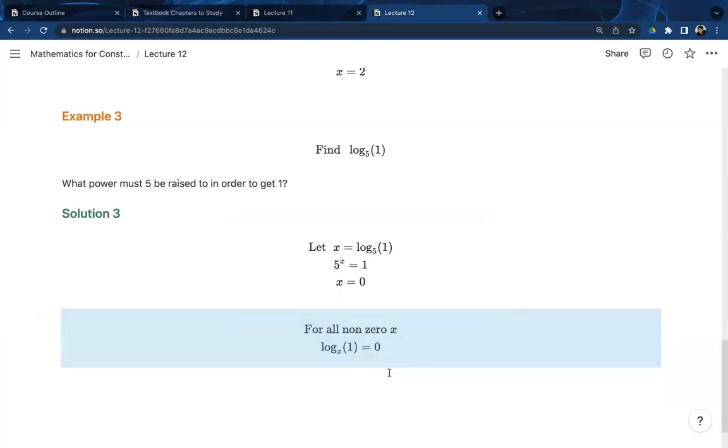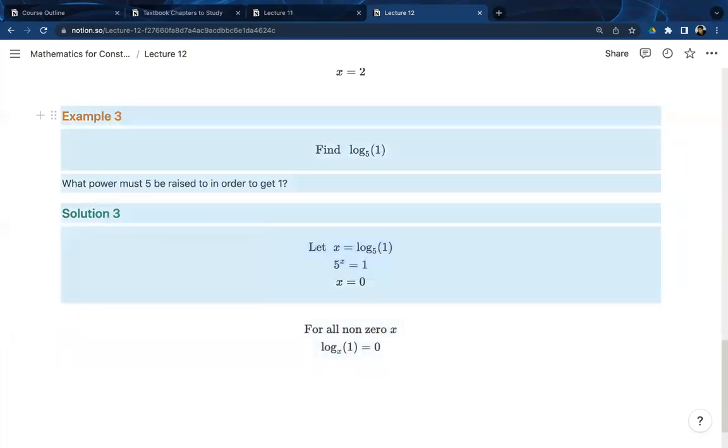Okay, this makes sense to you all because you ask, if I have a base x and it's not 0, what power must it be raised to give 1? And the answer is 0. Okay, try some more.